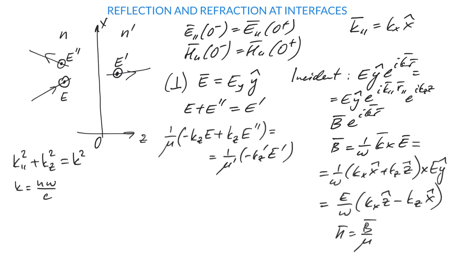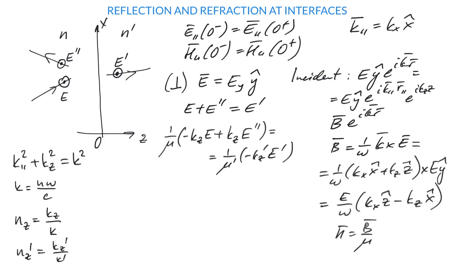So if we consider E as known, that's the amplitude of the incident light, we can solve these two equations for E prime and E double prime and express the answers in terms of the ratios to E. I'll introduce the notation nz equals kz divided by k, and accordingly, nz prime equals kz prime divided by k prime.